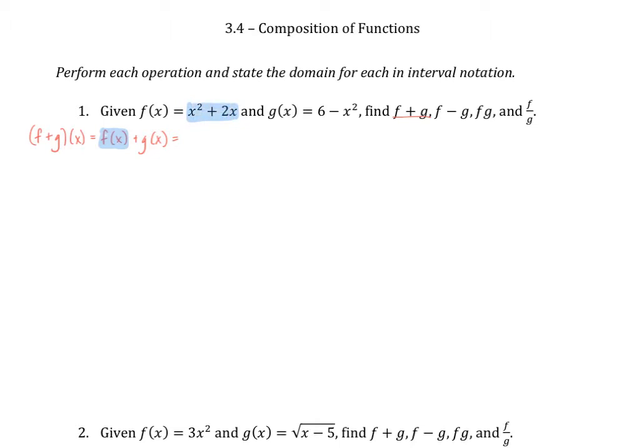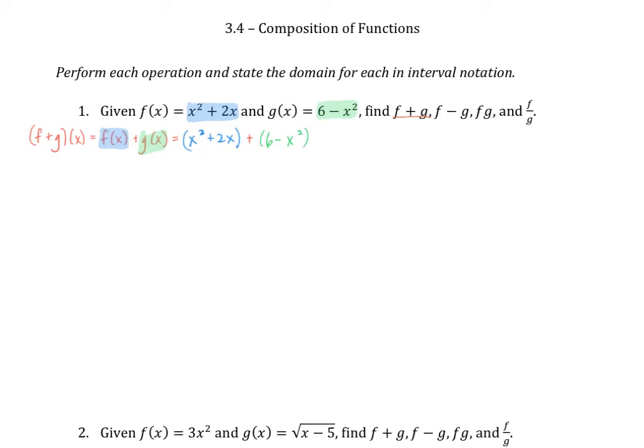So for f of x, we're going to replace that with x squared plus 2x. Okay, and then plus g of x is given by 6 minus x squared. So we're going to replace g of x with 6 minus x squared.